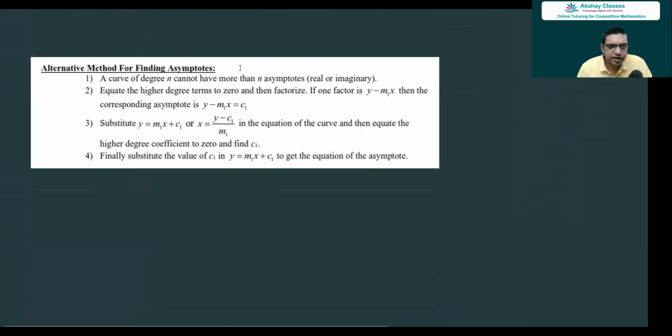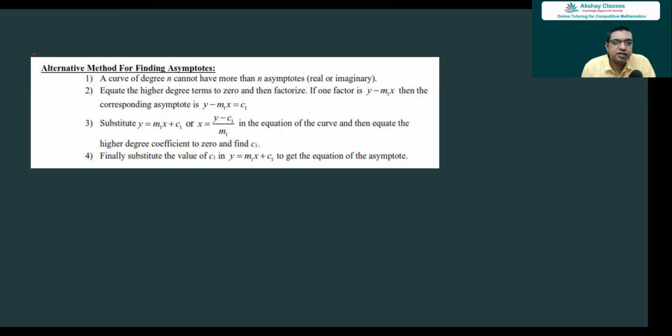Now, an alternative method for finding asymptotes. This will work for horizontal and inclined asymptotes, but it cannot work for vertical asymptotes because the slope will be infinity. So that you have to do by inspection only.